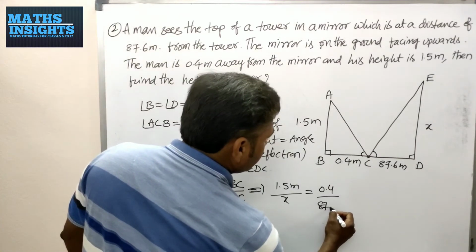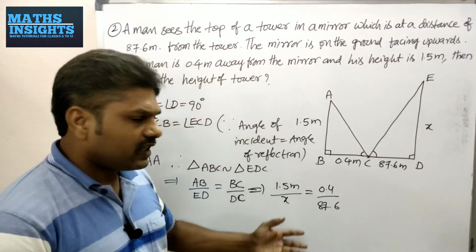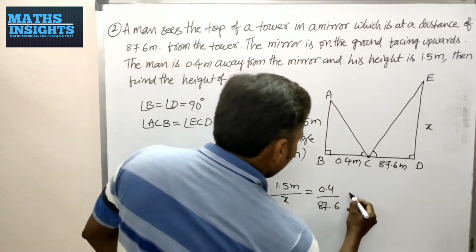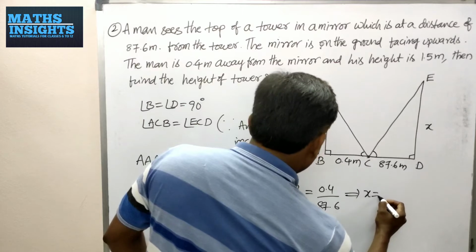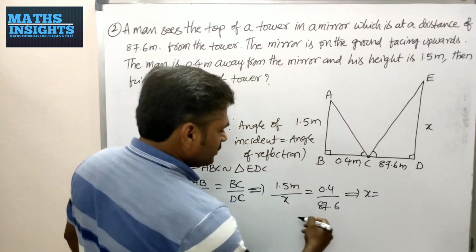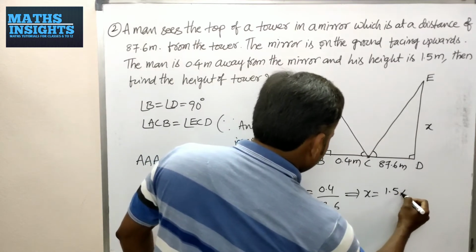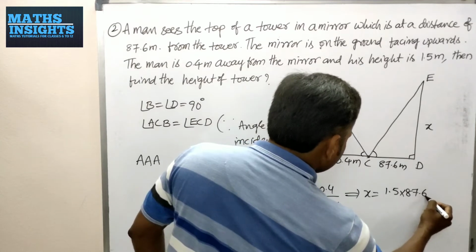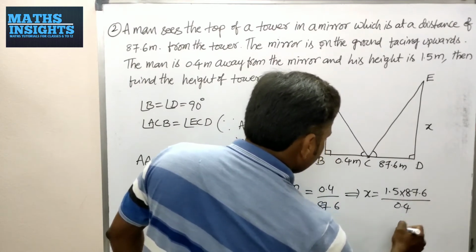This is 87.6. On cross multiplication, you have the X value. X is equal to, first do the cross multiplication, 1.5 into 87.6 by 0.4.